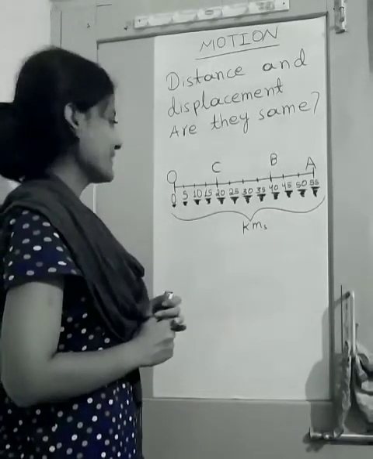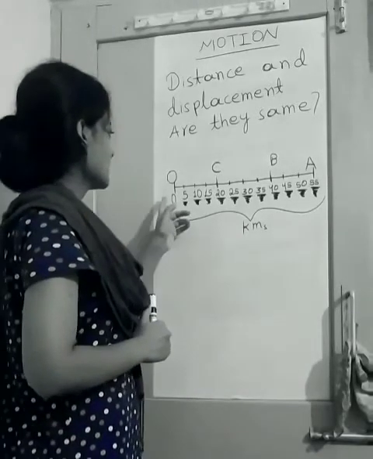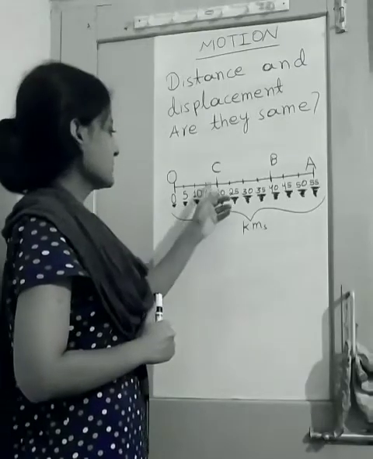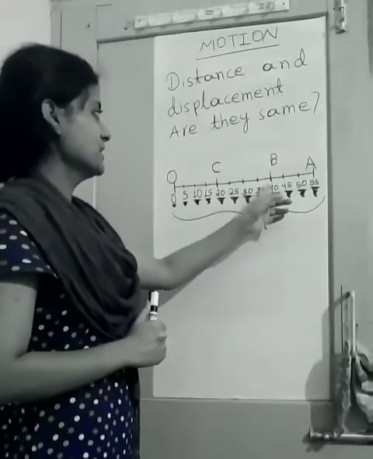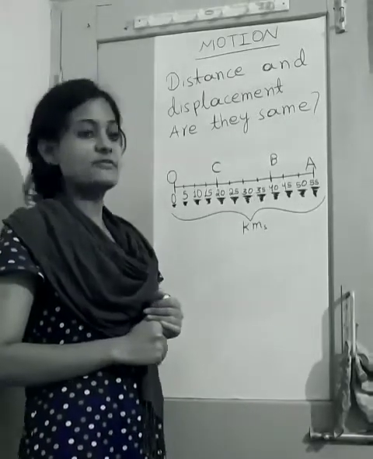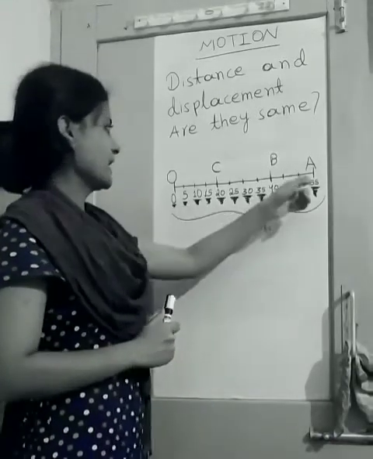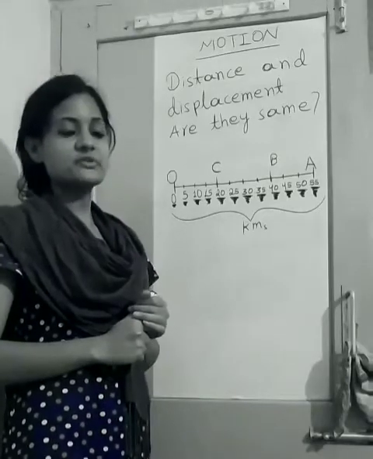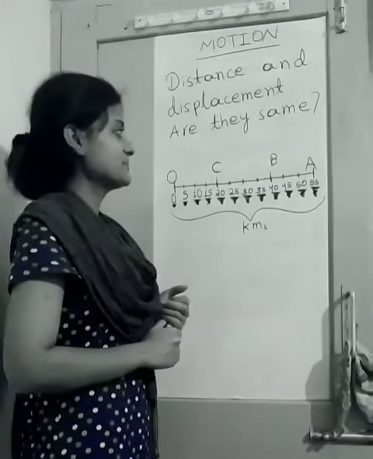You can say the distance from O to C is 20 kilometers, from C to point B is 40 kilometers, and from B to A is 55 kilometers. And O to A, the distance is 55 kilometers. Clear? Why do I say it's distance? Because it is the path covered by an object.